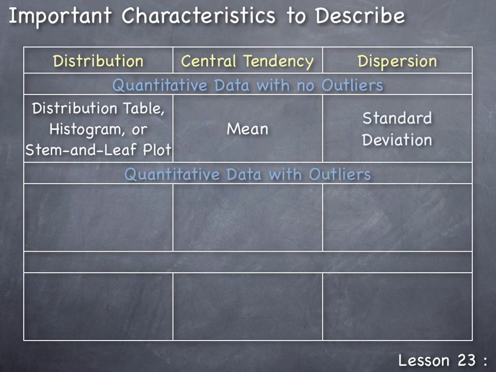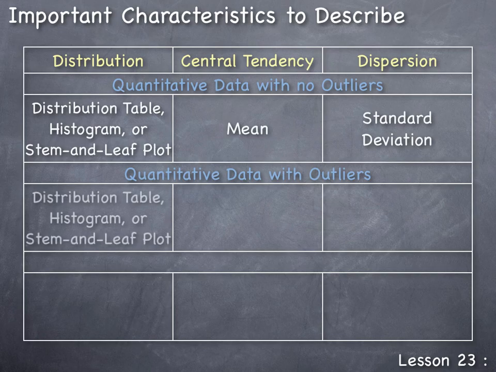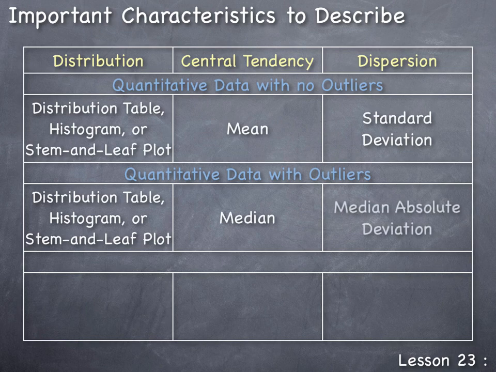But when we have quantitative data that includes outliers, still the distribution is displayed by either making a distribution table, a histogram, or stem and leaf plot. But the best measure for central tendency with the presence of outliers is the median. And the best measure of dispersion when there's the presence of outliers is the median absolute deviation.